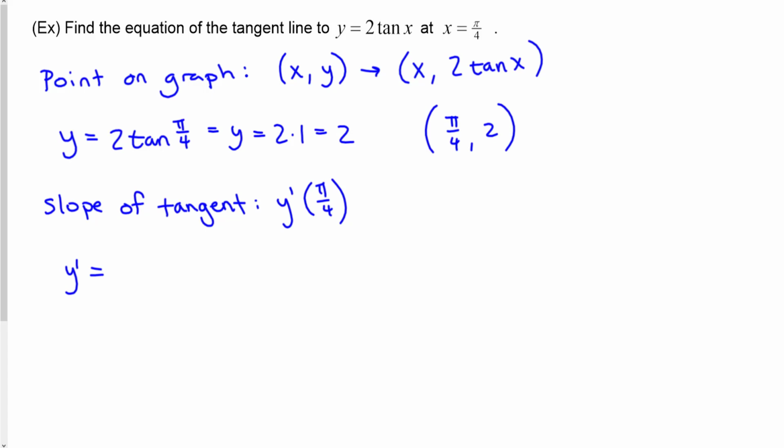The derivative of tangent we just learned was secant squared. So this is going to be 2 secant squared x. Now the slope of our tangent line is that derivative evaluated at pi over 4. So this is going to be 2 times the secant squared of pi over 4.